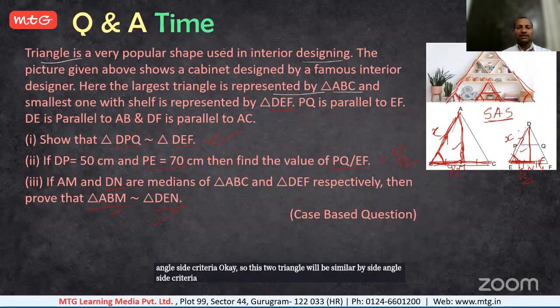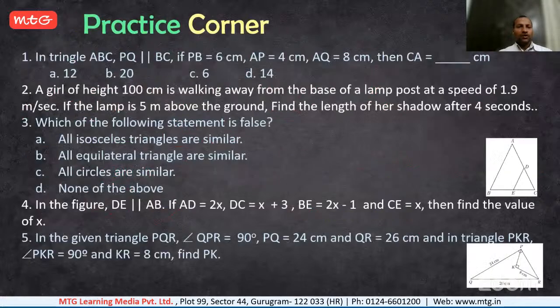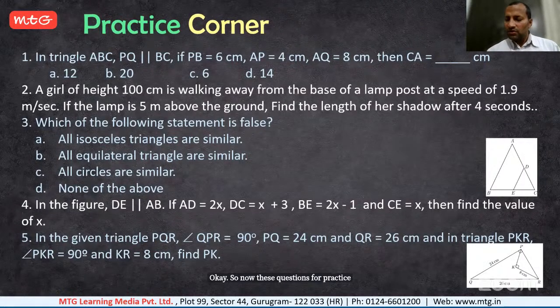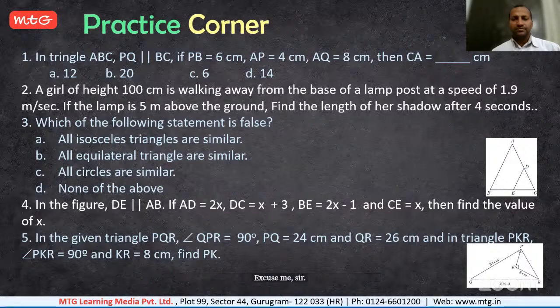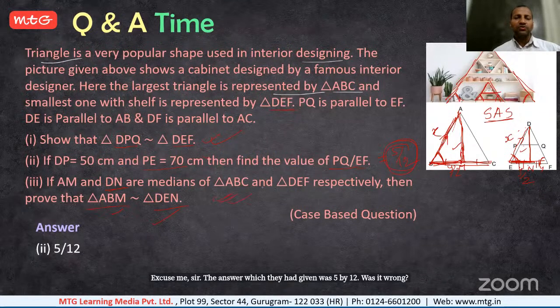So does anyone have any doubt? Okay, now these questions are for practice. Excuse me, sir, the answer which they had given was 5 by 12. Was it wrong? No, but we have got 5 by 12 here.